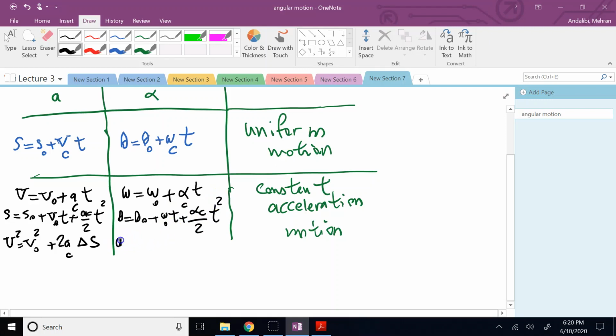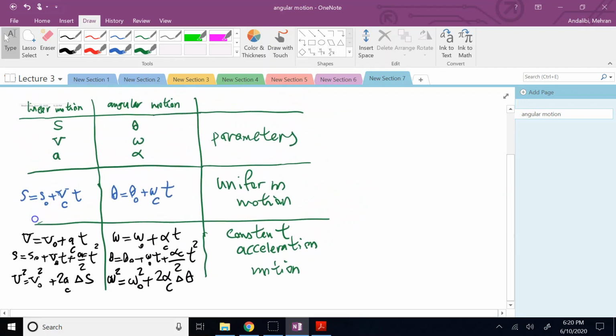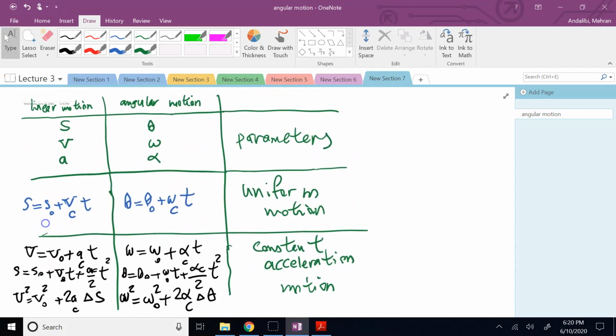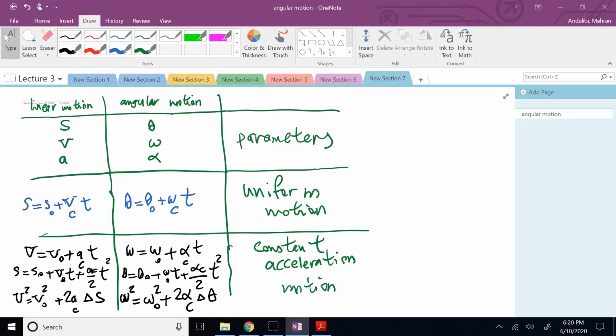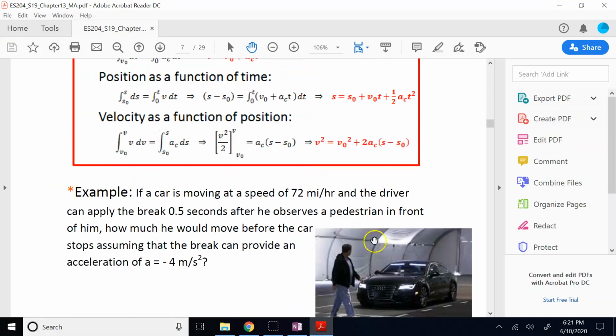And then omega squared is omega naught squared plus 2 alpha_c times delta theta. So you see, it's just plug and play. It's just replacement of parameters. Then I can have these formulas side by side. Okay, which you can see, these three formulas here.